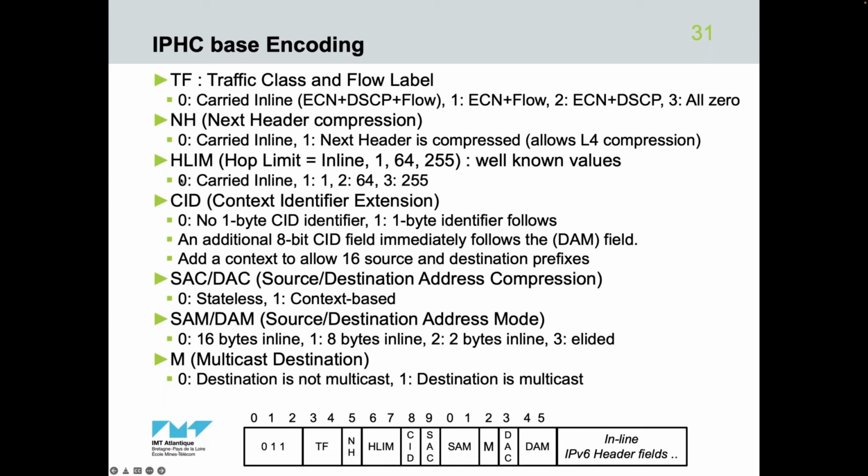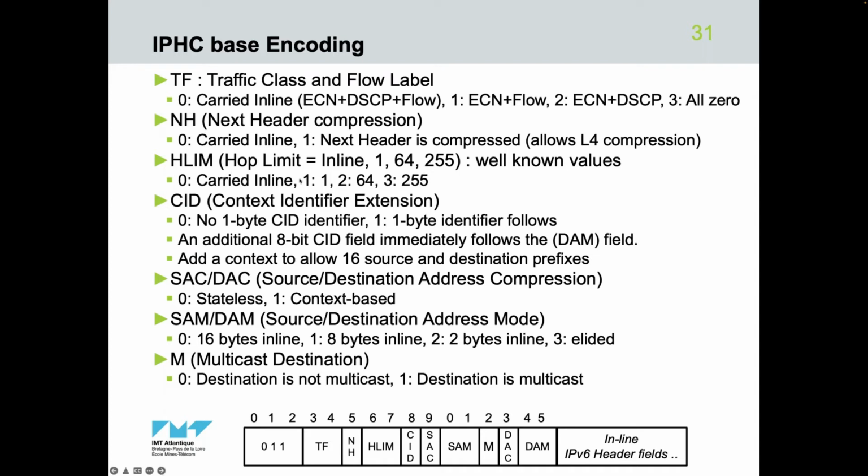The 00 bits represent that the value of the hop limit is not among 1, 64 or 255, so it must be carried in line. The transmitter must transmit this information.